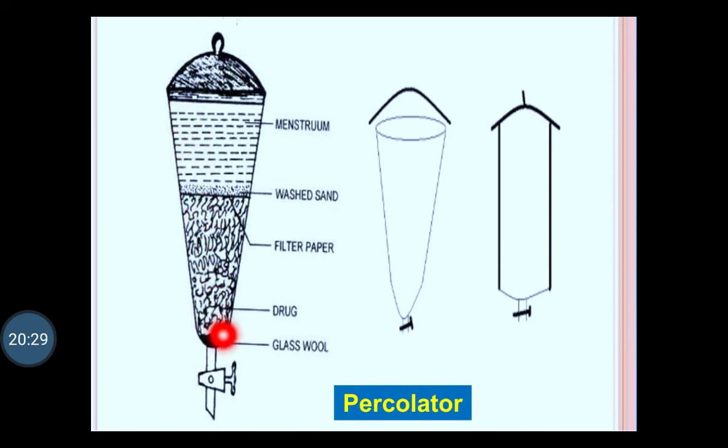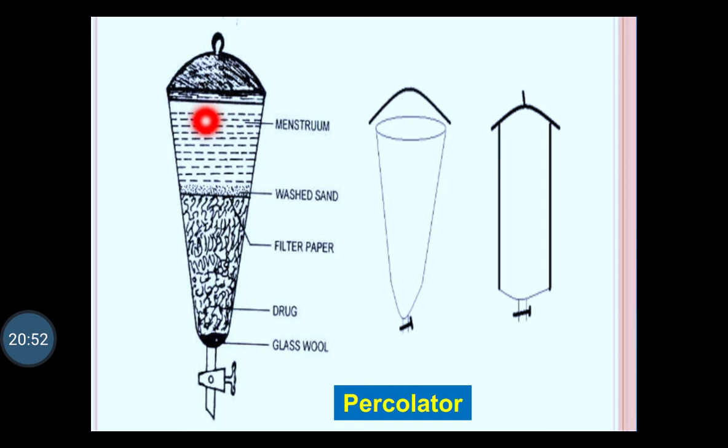Here you have to place the glass wool. Here the coarse powder of the crude drug is placed. Above that you have to place the filter paper. Above that you have to place the sand, so that the upper layer will not get disturbed during the addition of the solvent or the menstruum. So solvent is added from the top.